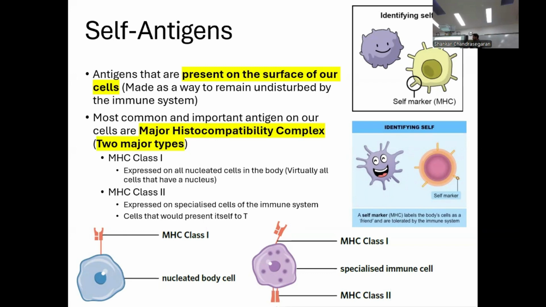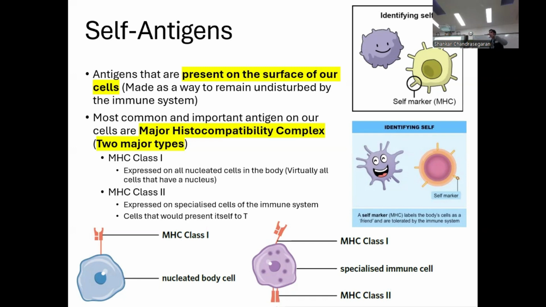The most important antigen that our body makes is the major histocompatibility complex markers, and there are two types that relate to the immune system. The first one is MHC class 1, major histocompatibility complex class 1. This is the most common and most important one.